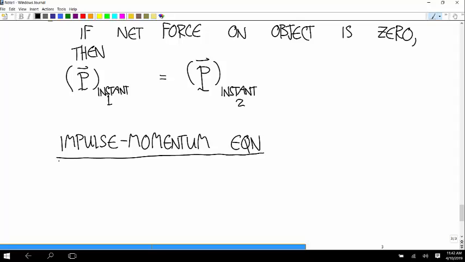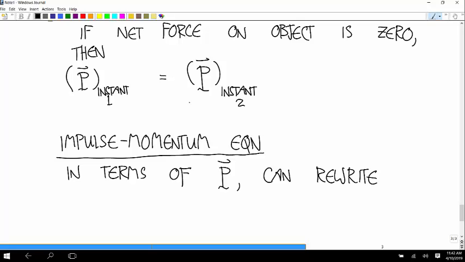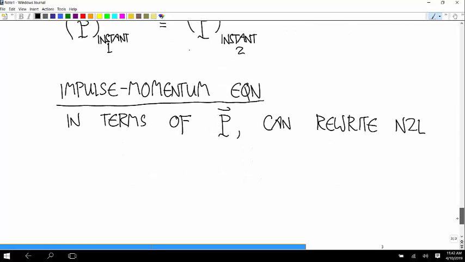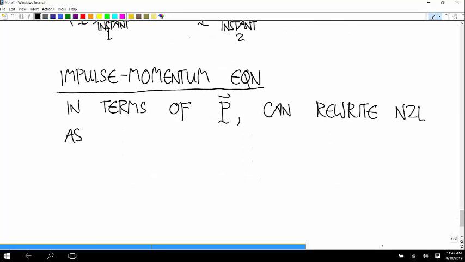And notice that in terms of momentum, in terms of P, we can rewrite Newton's second law as the net force is equal to the time derivative of the linear momentum.